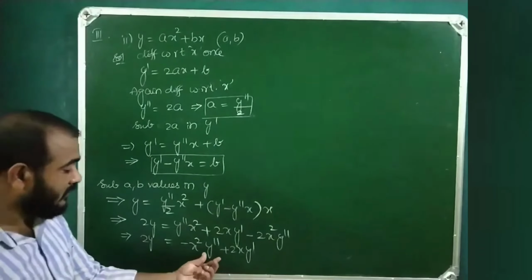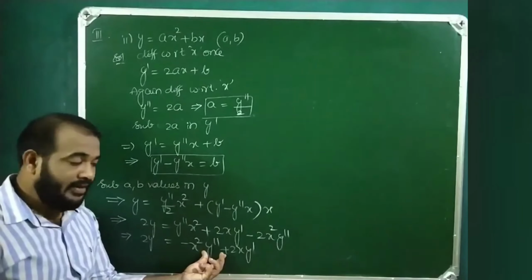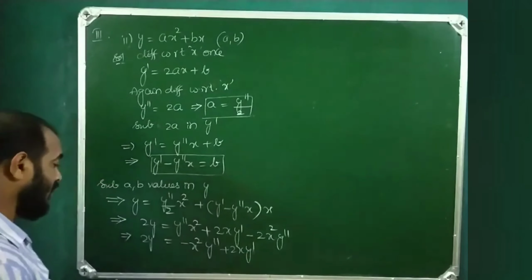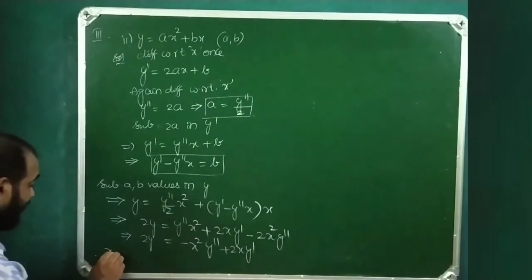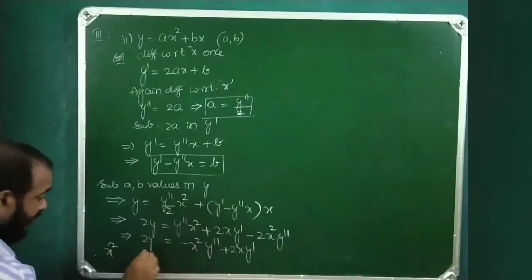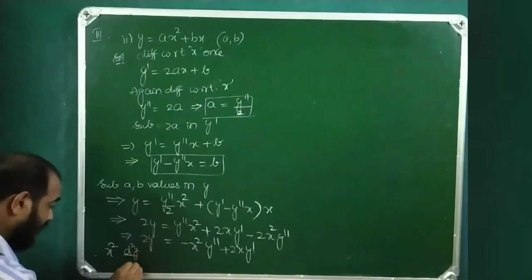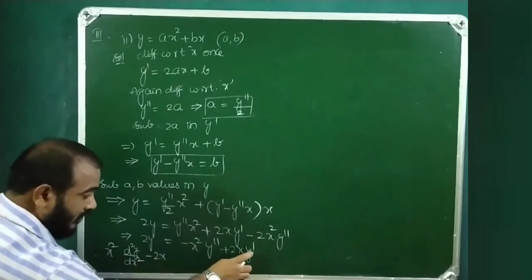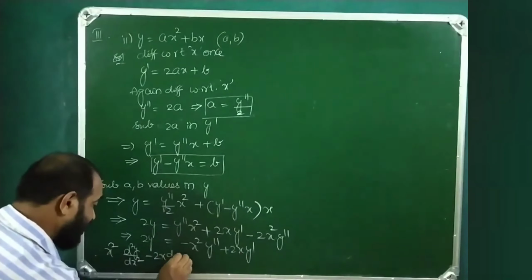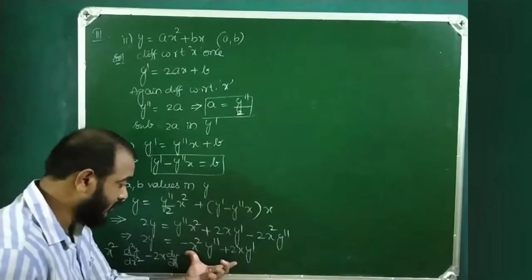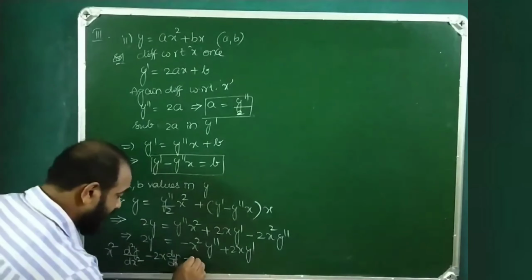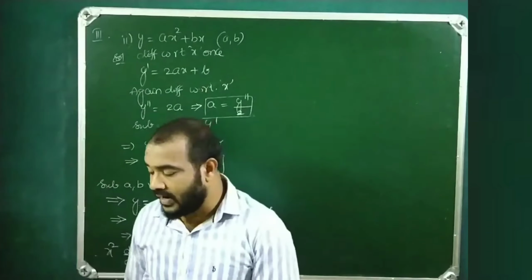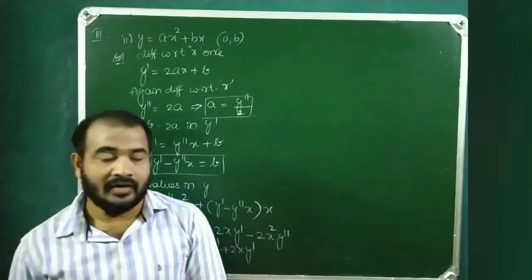If we replace y'' by d²y/dx² and y' by dy/dx, then we will be getting x² d²y/dx² minus 2x dy/dx. All these terms I am transposing onto this side, plus 2y = 0 is the required differential equation.